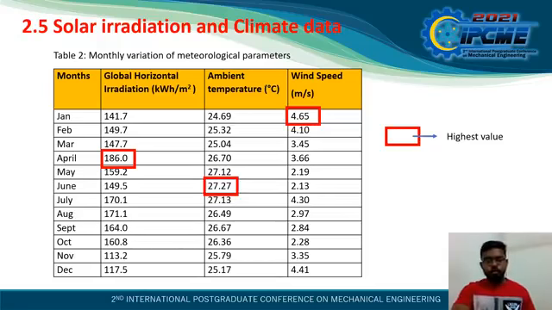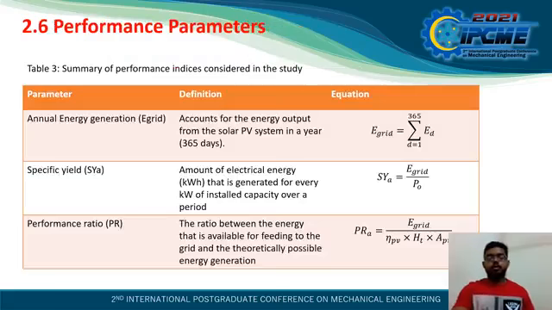Then the minimum is in December. Similarly, for ambient temperature, the highest value is observed in June, and the highest wind speed is in January. So mainly the global horizontal radiation and the ambient temperature will affect the energy production.